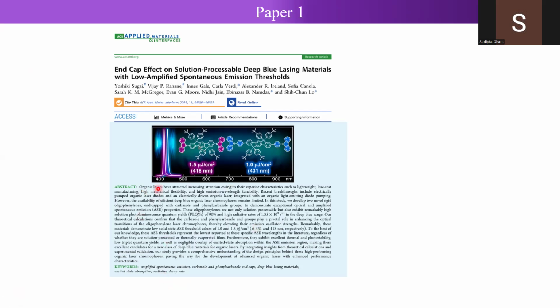Organic laser materials are again effective because they are low cost to fabricate, flexible, and most important, solution processable. So that's why people are currently focusing on organic semiconductor materials or organic lasing materials.